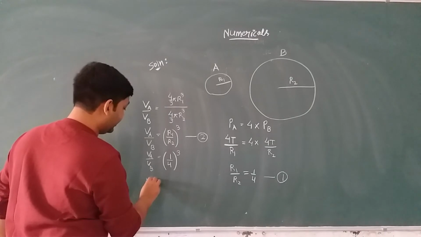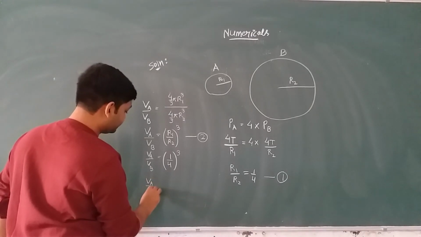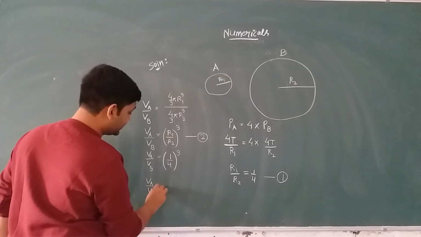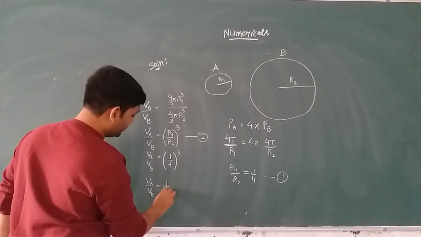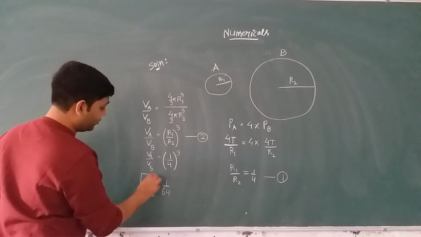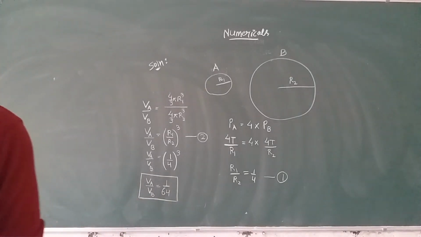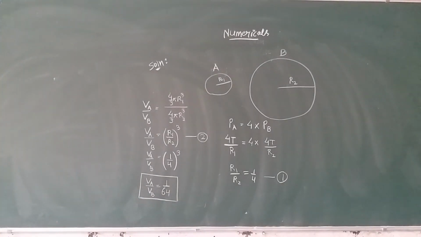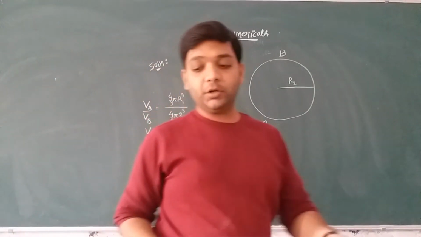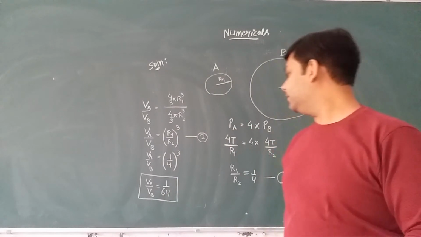So VA upon VB comes out to be 1 upon 4 times 4 times 4: 4 4s are 16 and 16 4s are 64. So this is the value of the required ratio. The ratio of their volumes is 1:64. I hope this is clear to everyone. Please note down the solution if you have not noted till now. Please note it down.